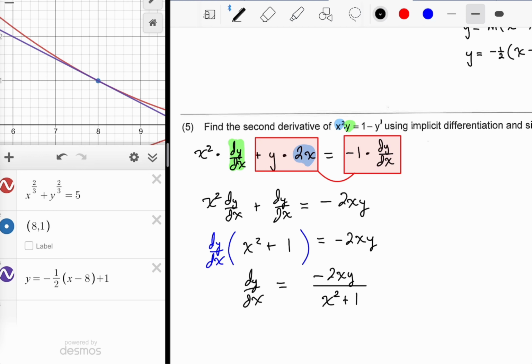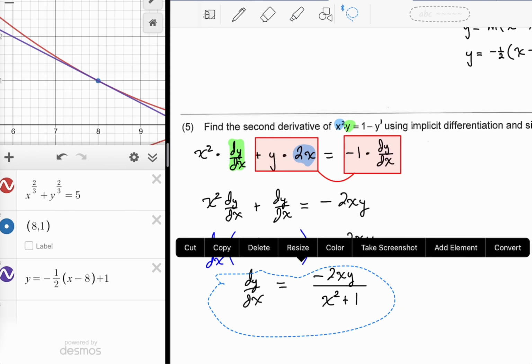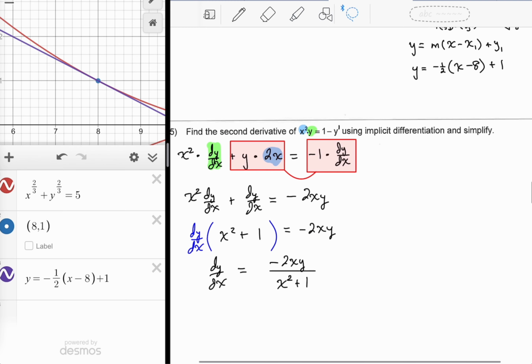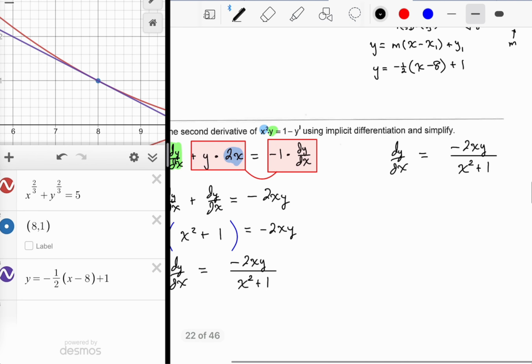So you know you're in for a little bit of a ride for the second derivative because it took that much work to get the first derivative. All right, so we start off with this. Kind of chuck it over here. Now I'm going to take the derivative, d dx, of both sides of this equation.